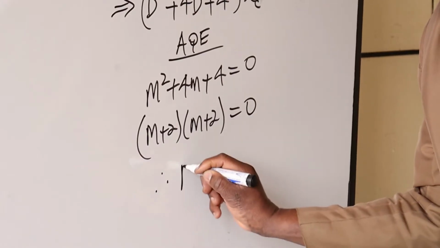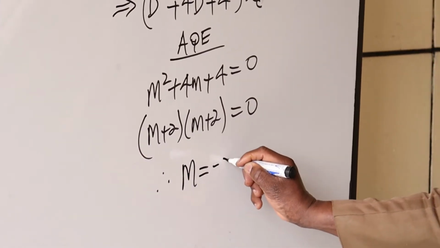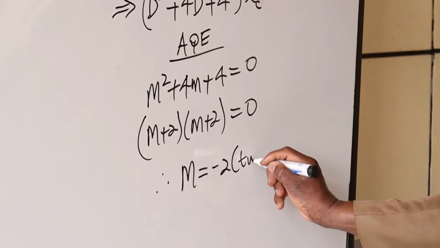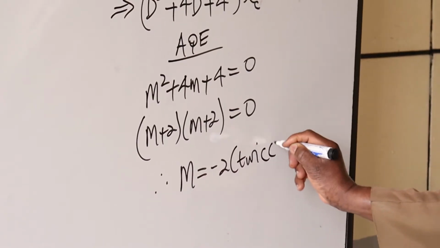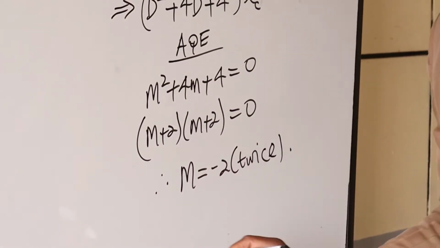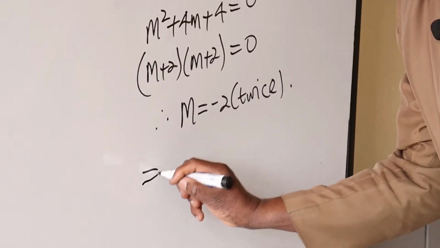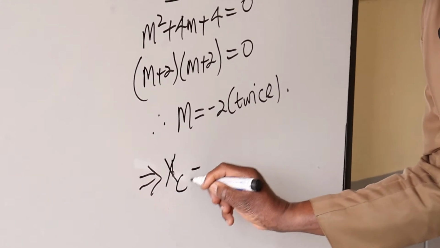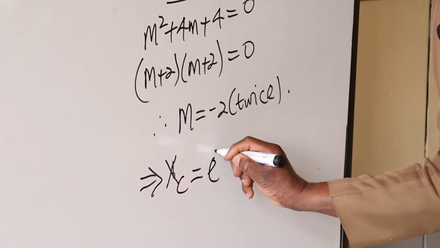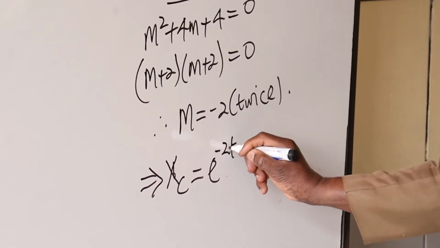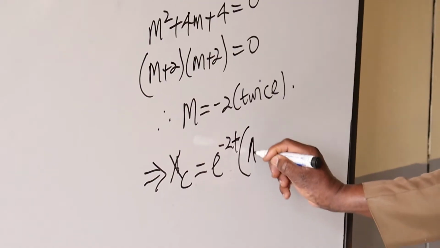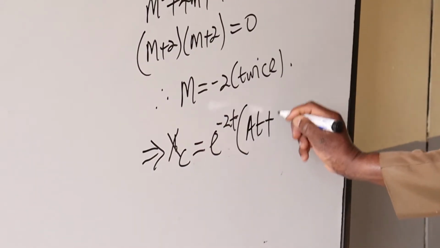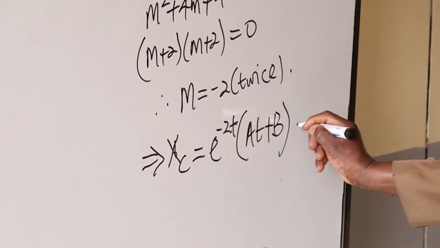Therefore, m is equal to -2, which is appearing twice. This implies that our xc will be equal to e power minus 2t into (at plus b).